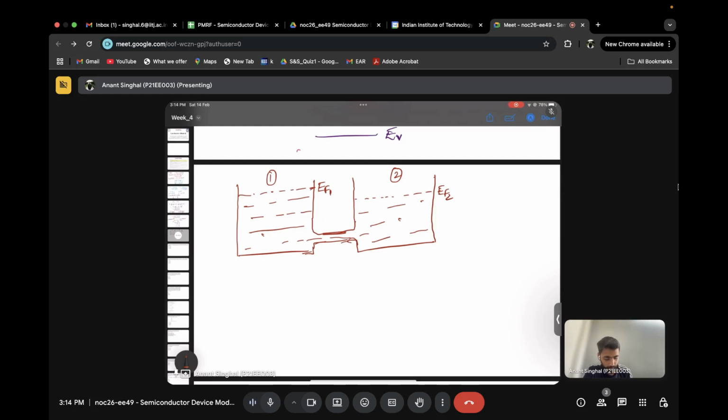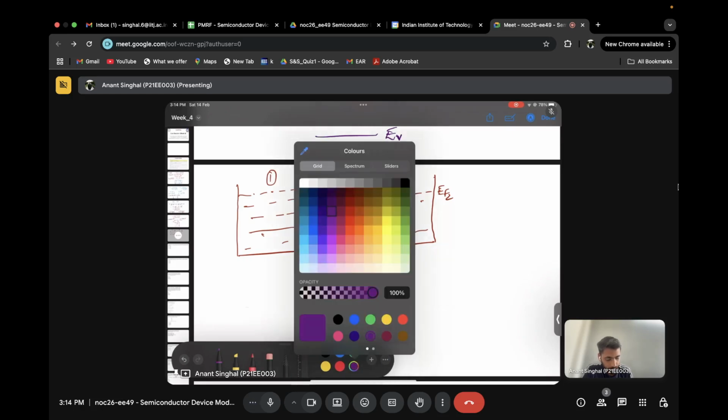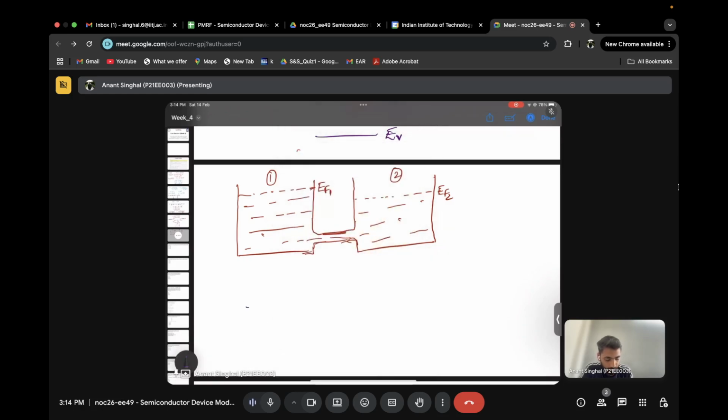Yeah, something like this is going to happen. It is correct. Since we have a higher level of water in this one, the water will become leveled, and the water from bucket 1 will flow towards bucket 2, and the water level will align. This is exactly the analogy we have related to the Fermi level.